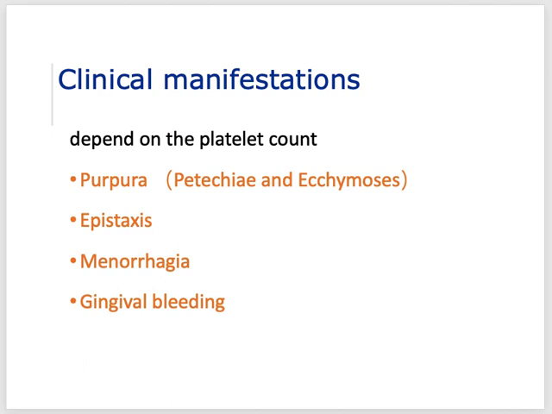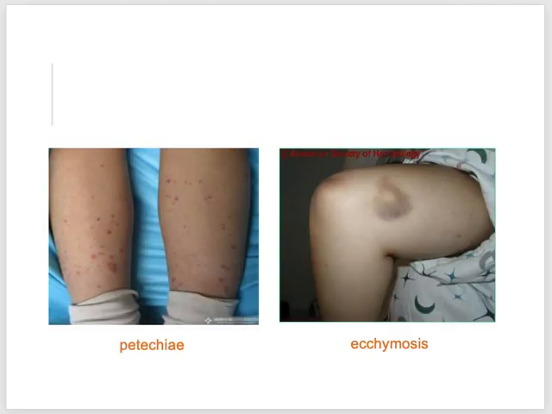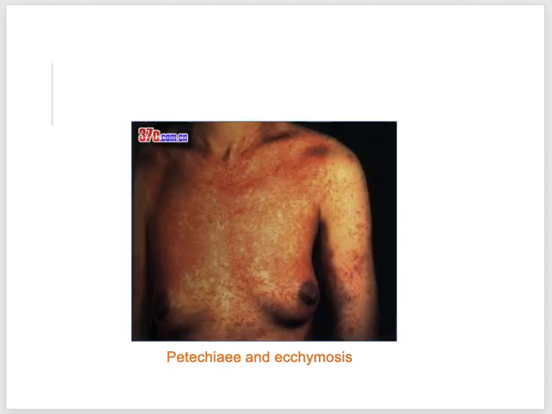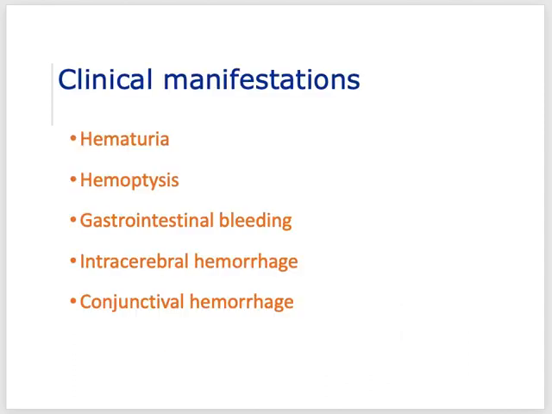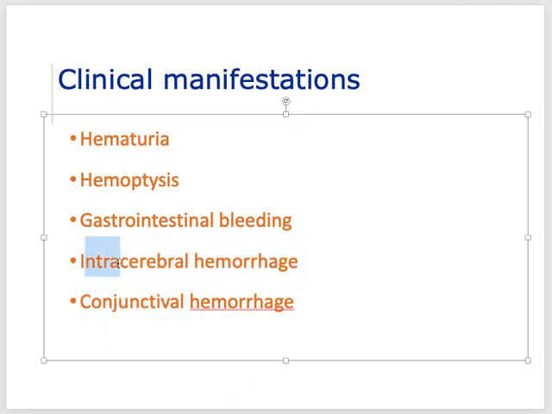The most feared thing which we are always afraid of is intracranial bleed. Okay, that is the most dangerous thing which should not happen in these patients. Okay, this one is really dangerous. Of course, this is going to cause a lot more damage to the patient.